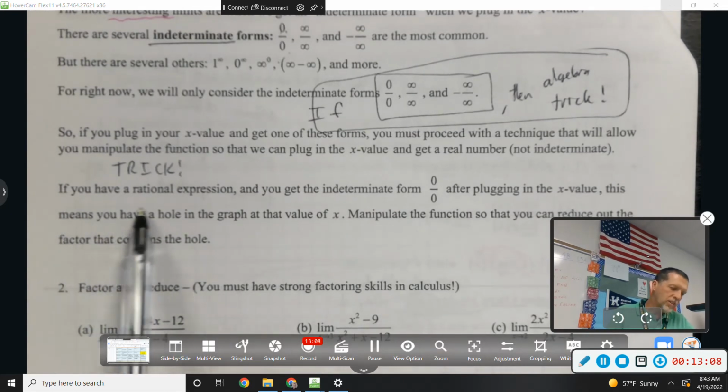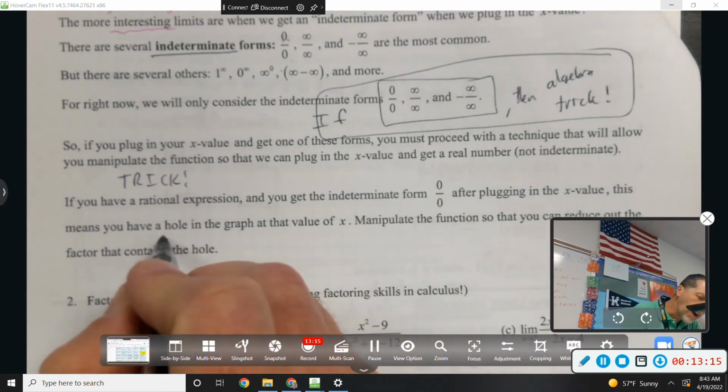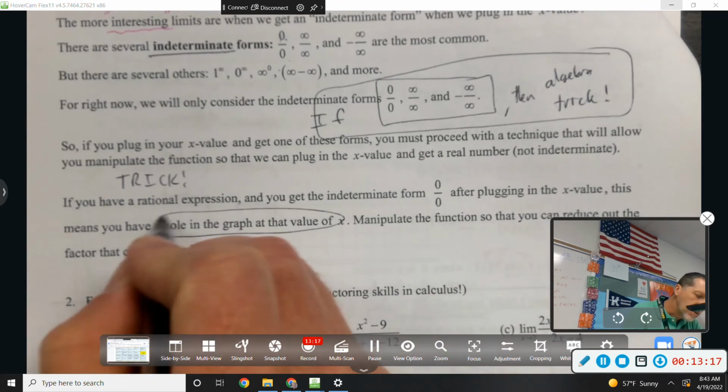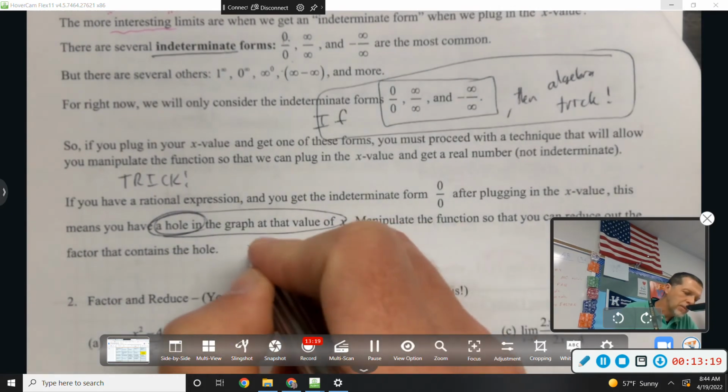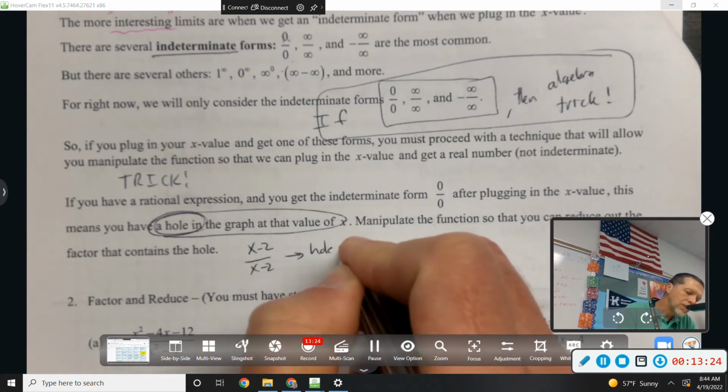First trick is if you have a rational expression and you get 0 over 0 after plugging in, this means you have a hole in the graph at that value of x. You remember that? When you got like x minus 2 over x minus 2, that meant there was a hole at x equals 2?